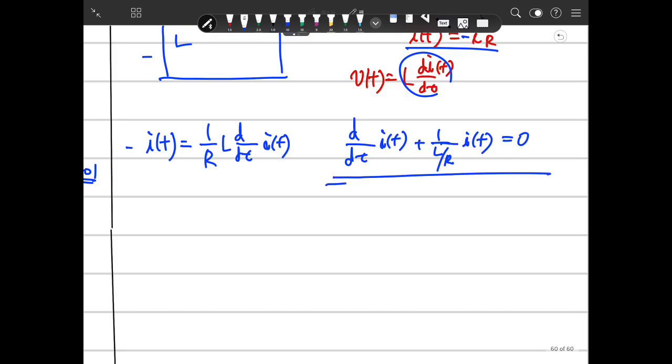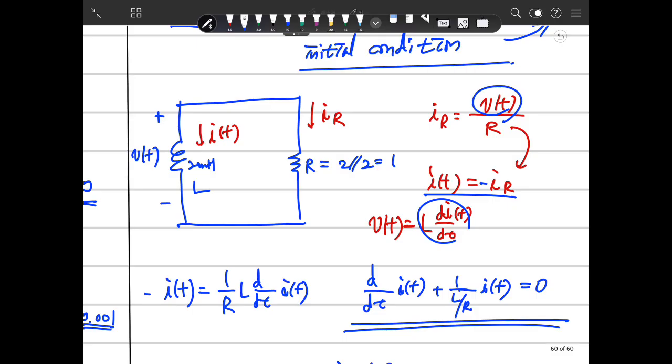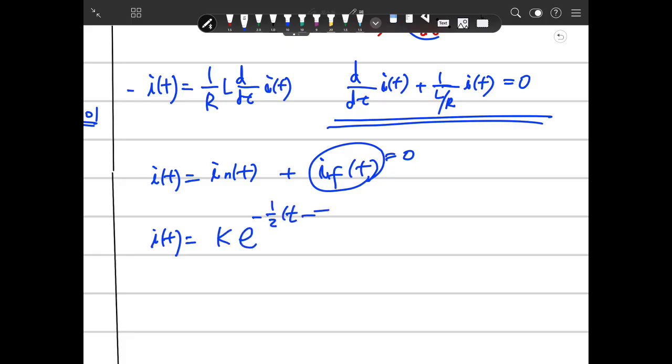So we know this is a simple equation. So i(t) will be i_natural plus i_forced. Here, because there is no source, when time is infinity, there will be short circuit, so no source, so there will be 0.